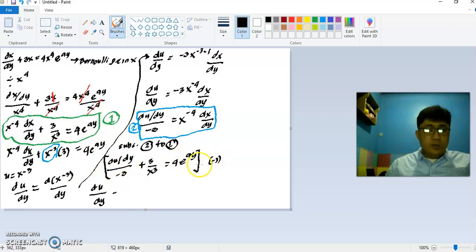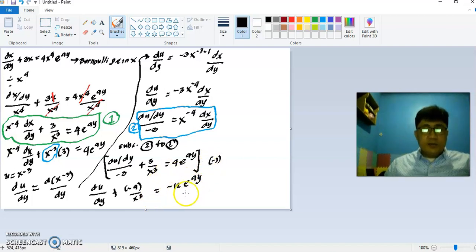So now multiply by negative 3. So therefore, negative 3 times negative 3 divided by negative 3, that is 1. So now let's still use positive. So negative 3 times negative 3, that is negative 9 over x cubed equals negative 12 e raised to the power 9y.